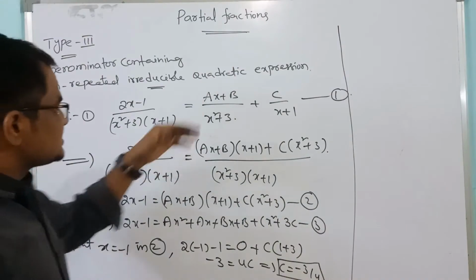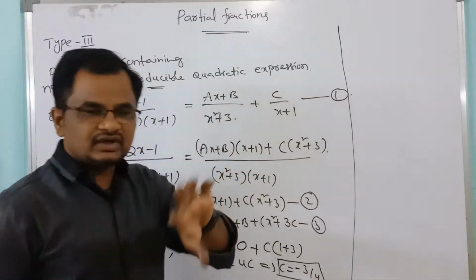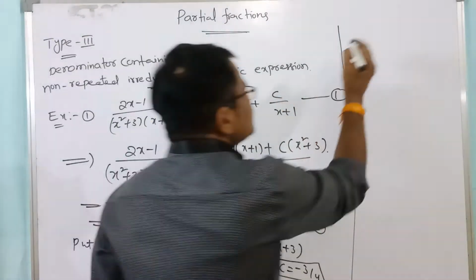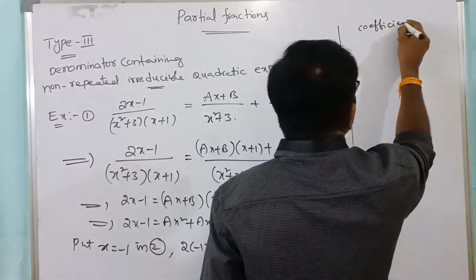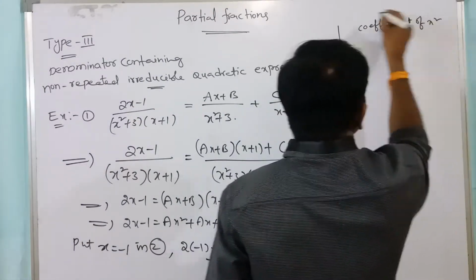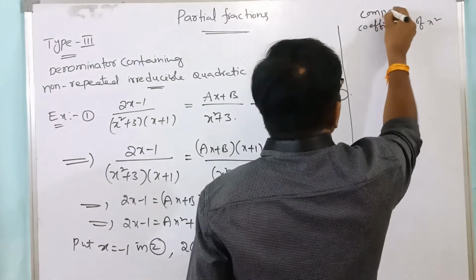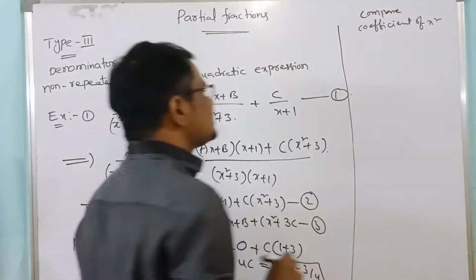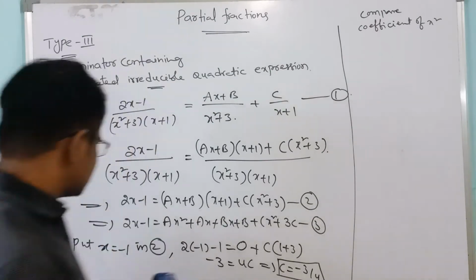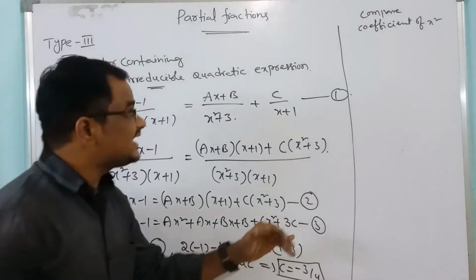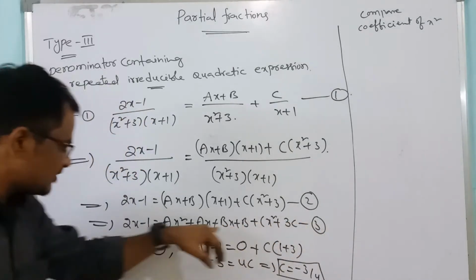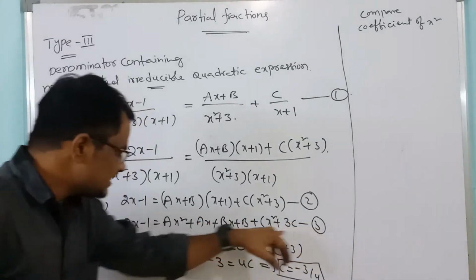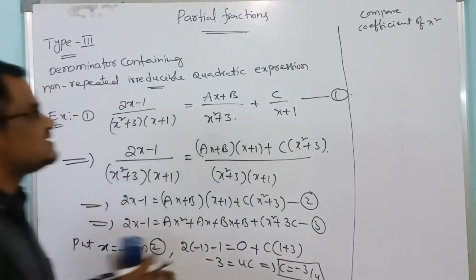So for A and B we have to compare the coefficients. The second one is comparing the coefficients of x². Compare the coefficients of x² on both sides, in equation number 3. If you compare, easily you can identify what the x² coefficient is. In this, the left side x² coefficient is 0.